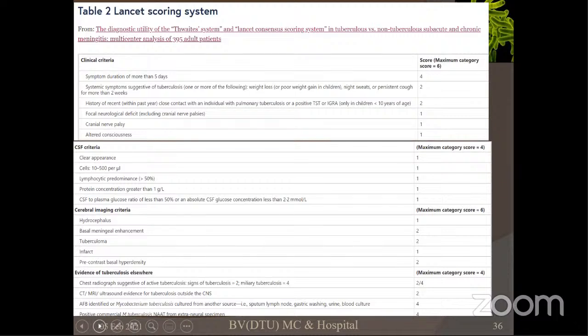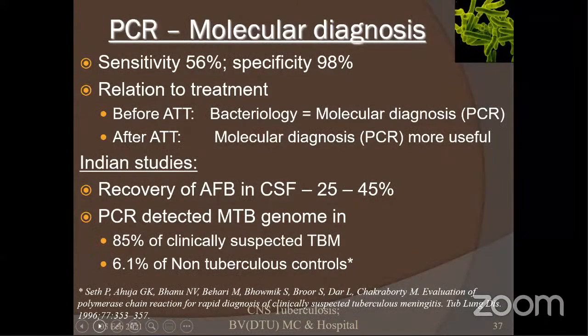This is also in vogue, the Lancet scoring system. This means if we have so many systems, the understanding is that there is no gold standard and everybody can interpret a clinical scenario the way they like. But we have to have a clear cut suspicion that it could be tuberculous meningitis, and you should investigate further.